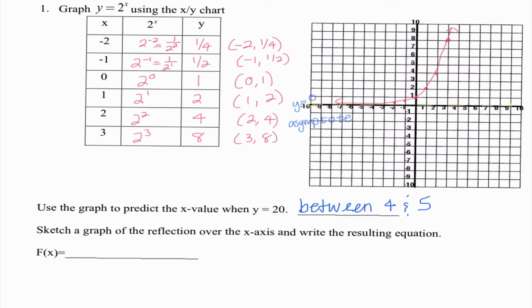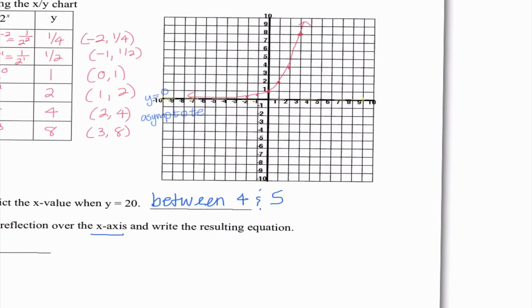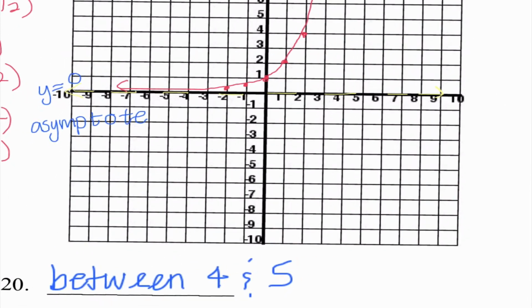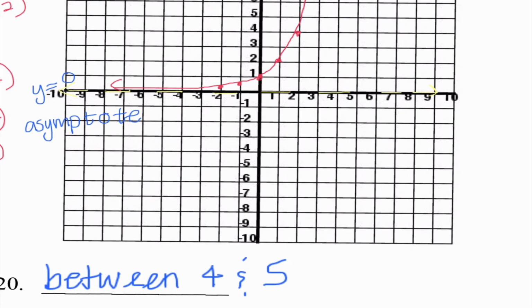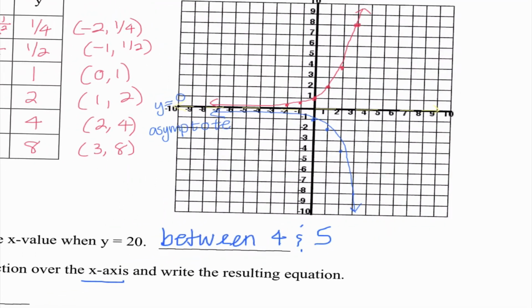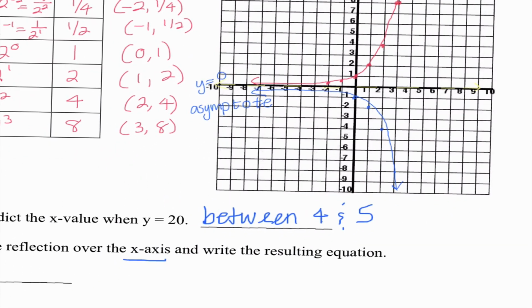Now it's telling us to sketch a graph of the reflection over the x-axis and write the resulting equation. Okay, so we know over the x-axis means it would look something like this. And mine isn't perfect in all the points, but that's okay.